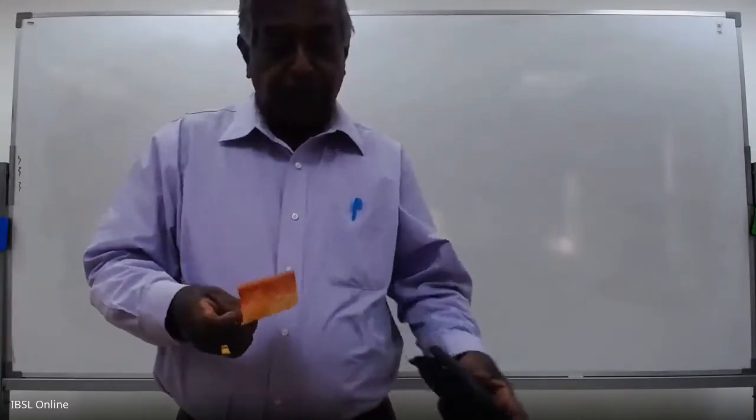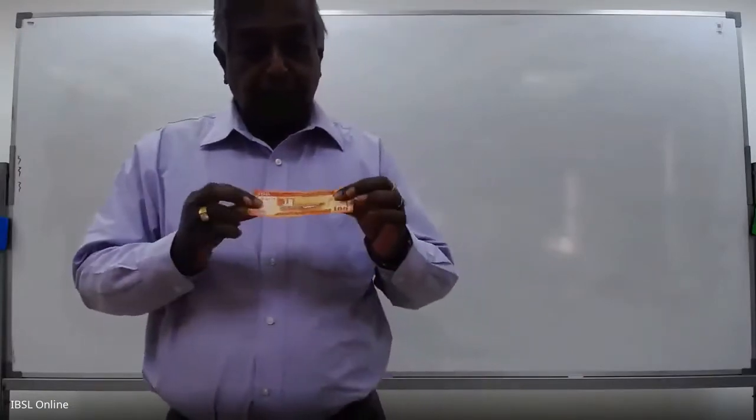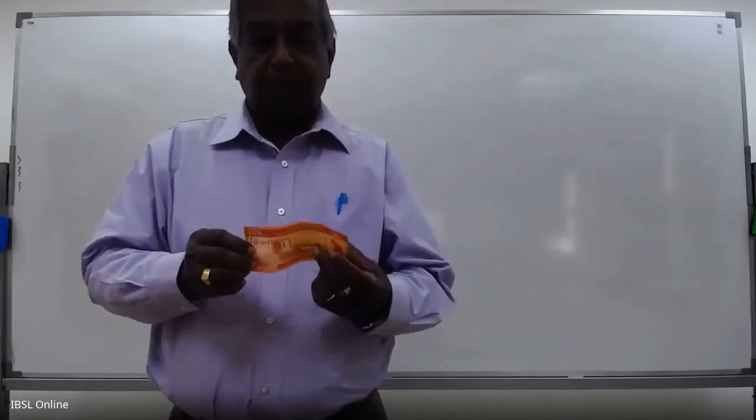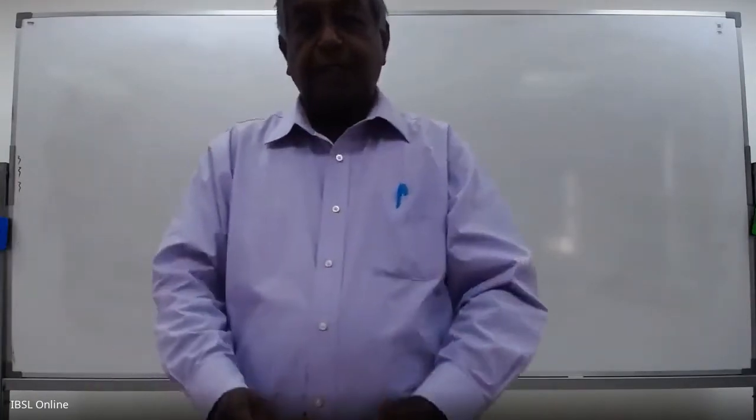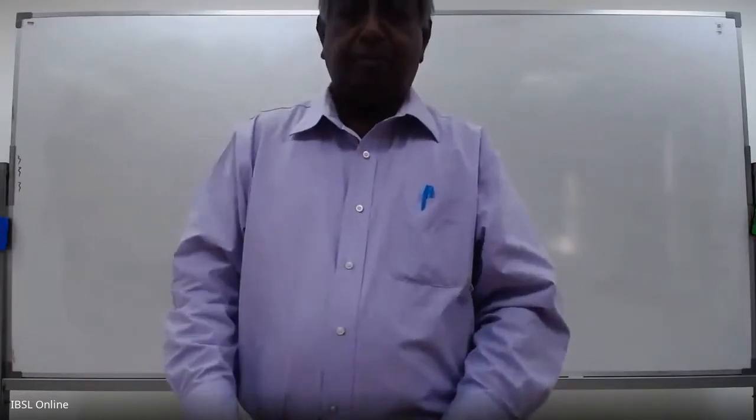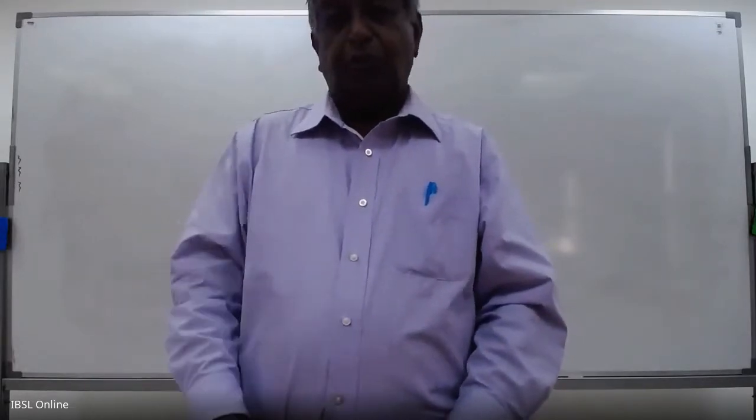Now you know this is a 100 rupees note. This 100 rupees, we call it the face value of the money. This face value of money is always the same. Now it is 2020, it is the same.